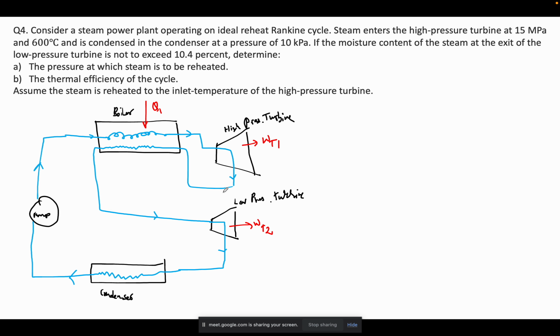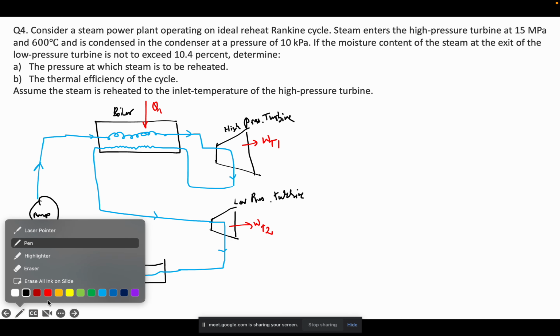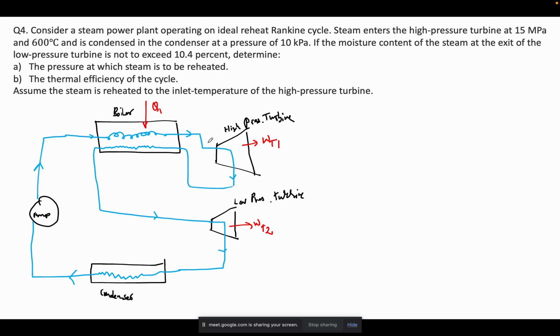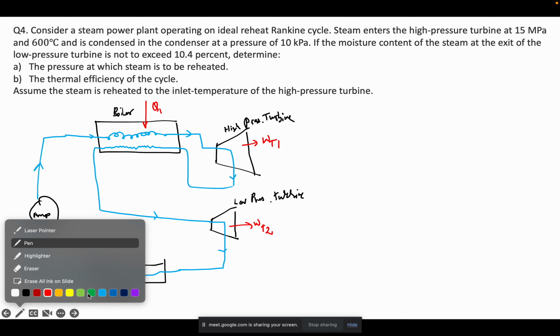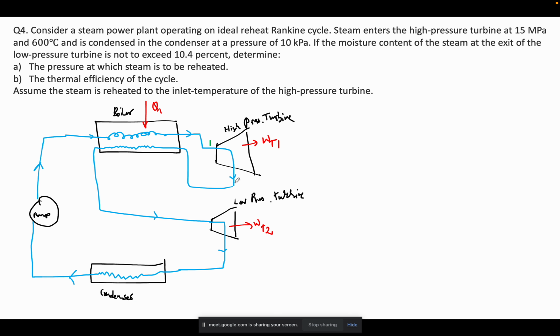Now let me give the numbers. This is my state 1, this is my state 2, this is my state 3, this is my state 4, this is my state 5, and this is my state 6.